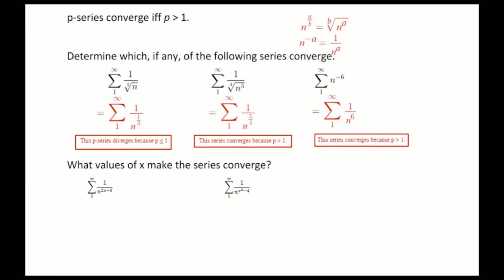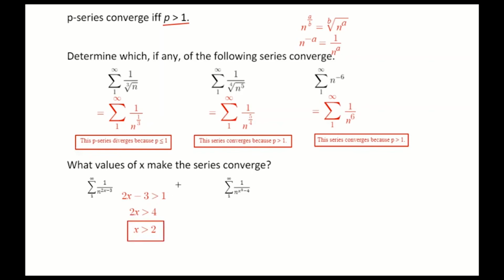You have to know that the series only converges when the exponent on the n is greater than 1. So what does x have to be to make this converge? We have to say that 2x minus 3 has got to be greater than 1. When I solve this, I add 3 to both sides, so I get 2x is greater than 4, and divide both sides by 2, so I get x is greater than 2. That would be the condition on x to make this series converge.